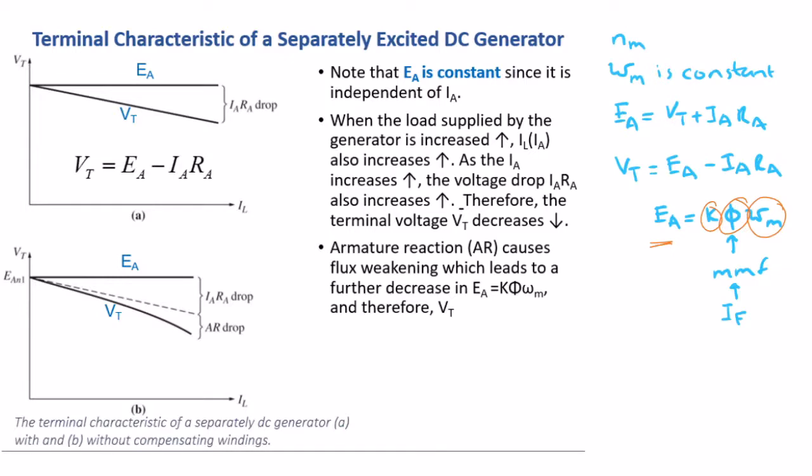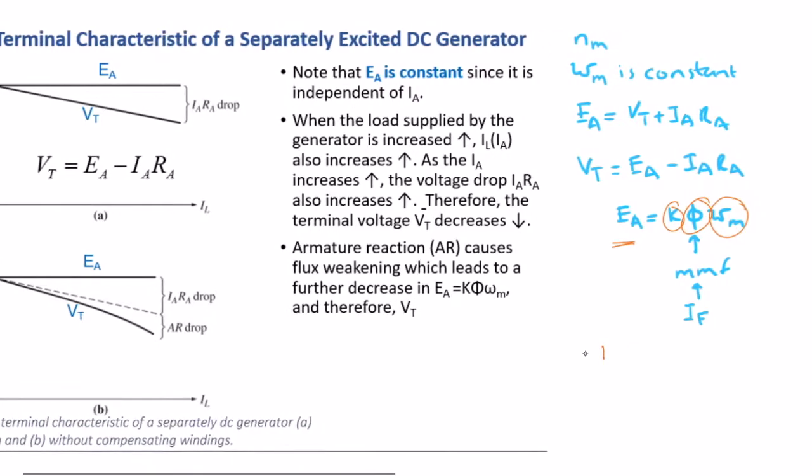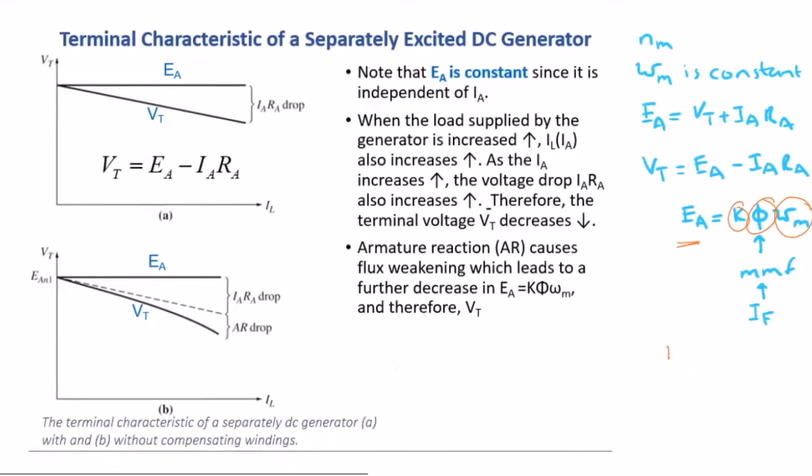And then the second one: when the load supplied by the generator is increased, IL and IA are also increased. Load is proportional to IL. I already mentioned before that when the load is 0, IL will also be 0.